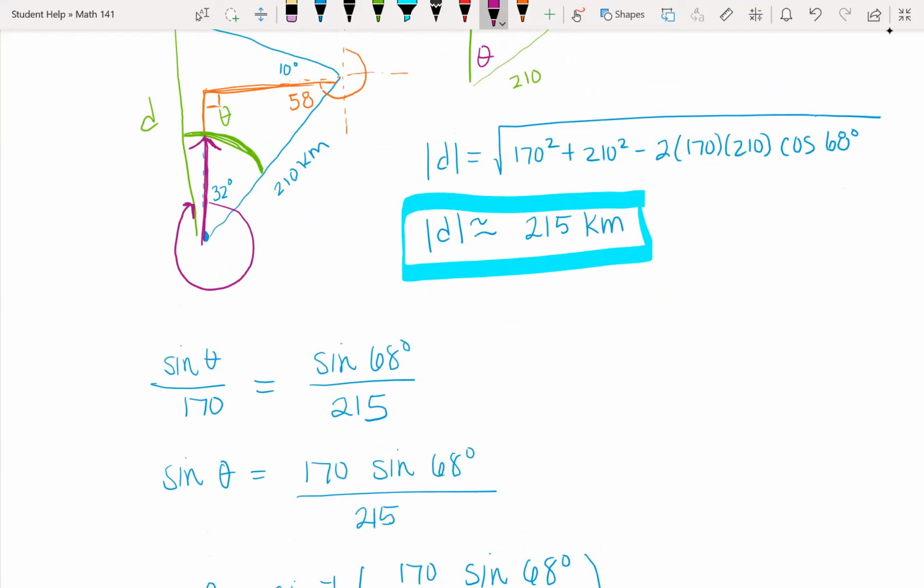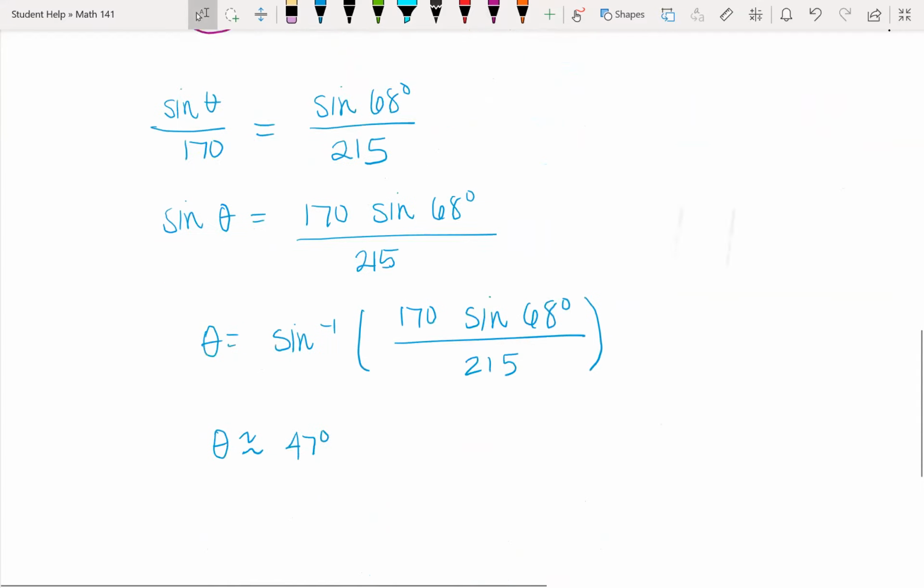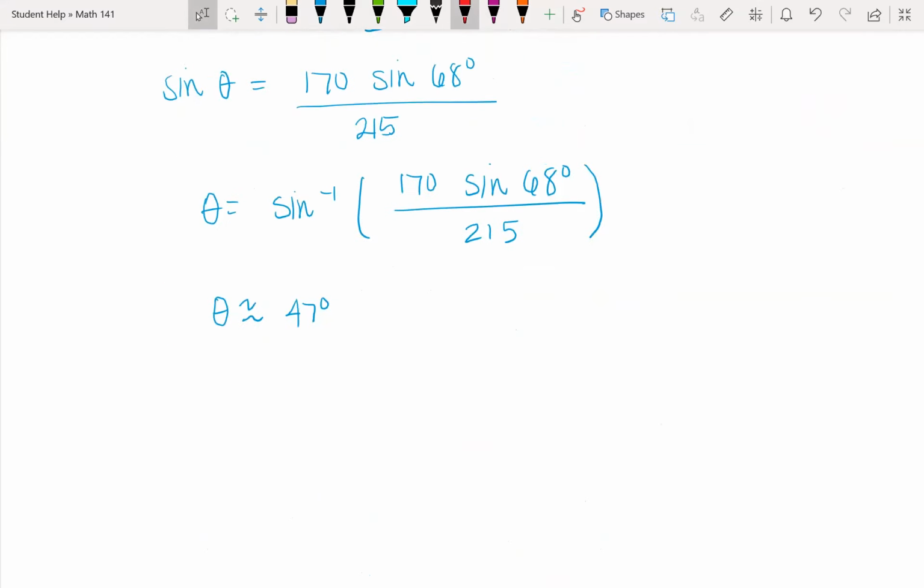So what we really want is 360. Let's see. Let me draw another picture over here. We have, let me erase some of this. Hang on.